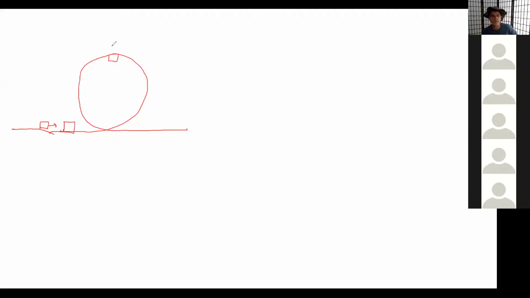Is that right? Yeah. So this is really a combination of conservation of energy and conservation of momentum. One key thing is at the highest point, there's this critical speed, which is the minimum speed something must be going in order to not lose contact with the surface.